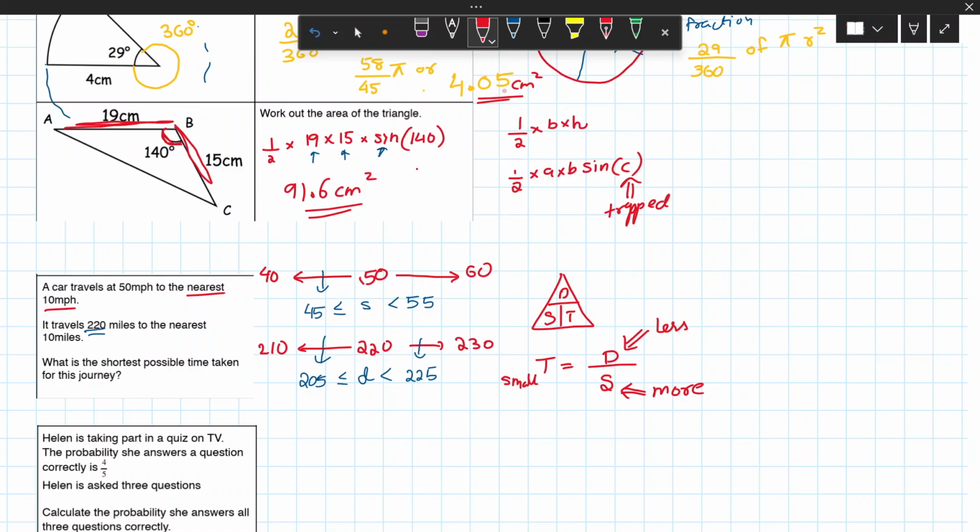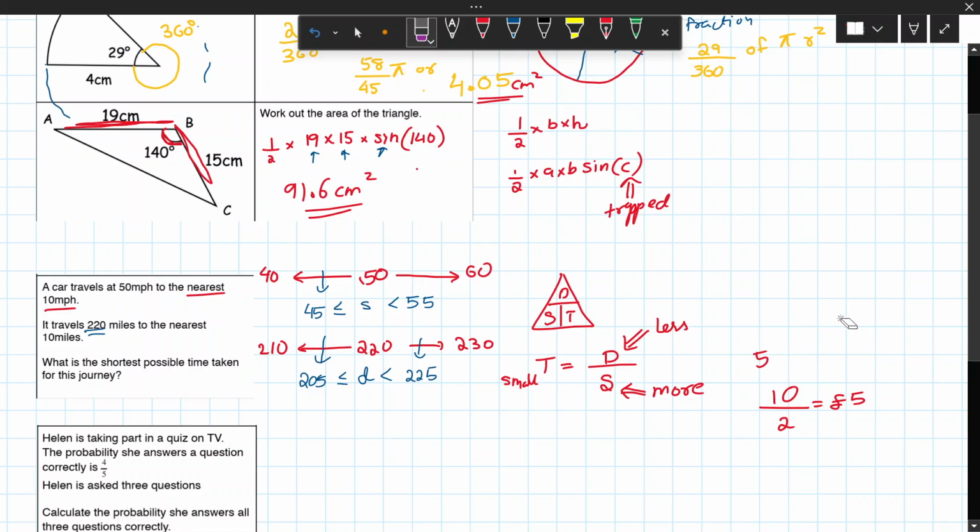So if there are only £10 and it is being split among 5 people, each person would get only £2. But if there's only £10 and it is being split among 2 people, each person would get £5 each. So if you want a smaller number in your answer, and it's a division question, your numerator should be smaller and your denominator should be bigger.